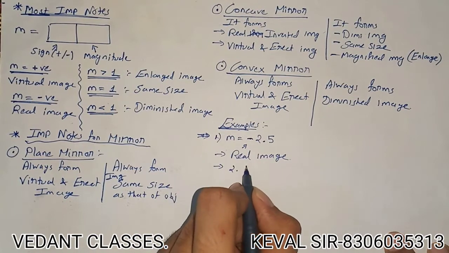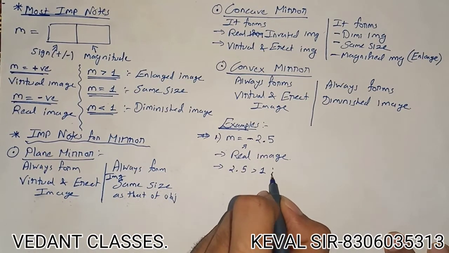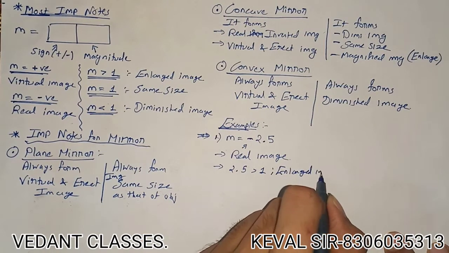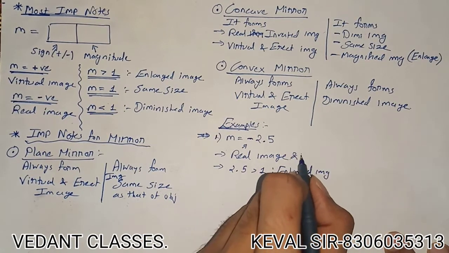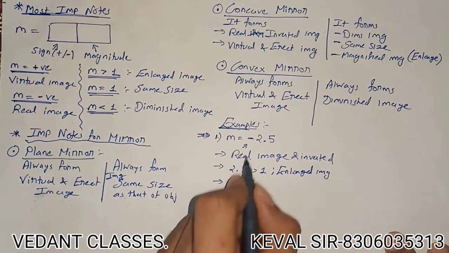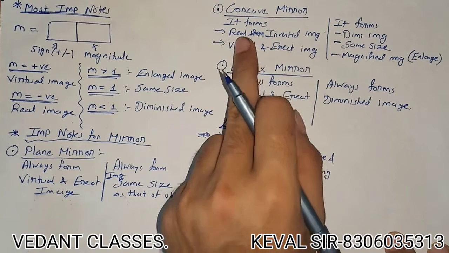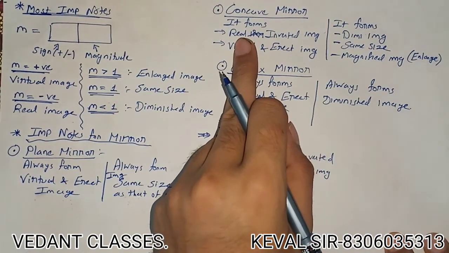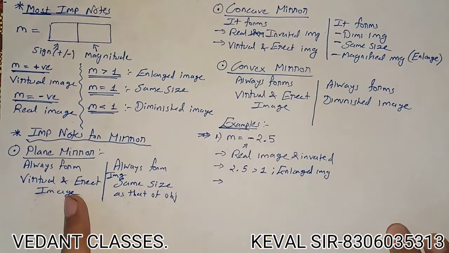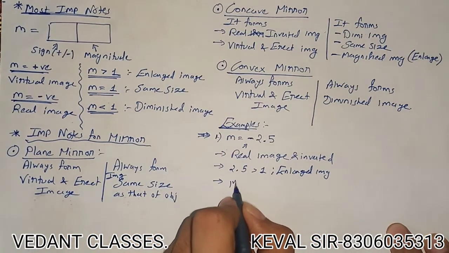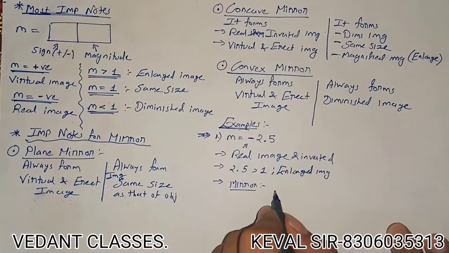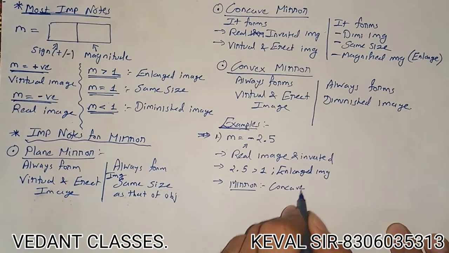Now 2.5 is greater than 1, so it is an enlarged image. As it is a real image, it will be inverted. Real image will be formed only in the case of concave mirror. The other two will never form a real image. So to identify the type of mirror, you can easily tell it is a concave mirror.